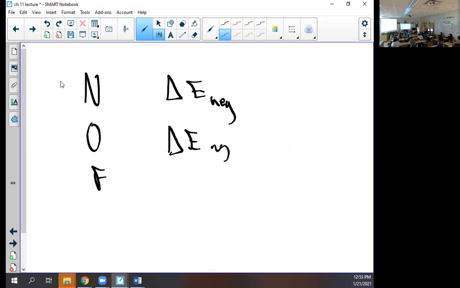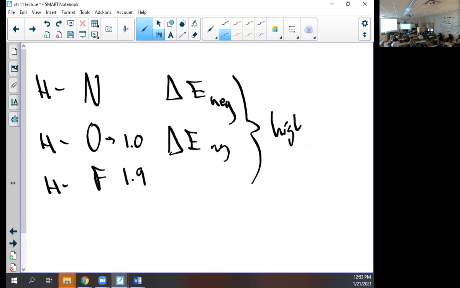If we have H and N, I don't know what it is. H and O, I do know that one. H and F, I know that one. The difference here is 1.0. This one's 1.9. I don't remember this one, but it's around 1 again. The electronegativities for these three are high enough that you have a dipole created.